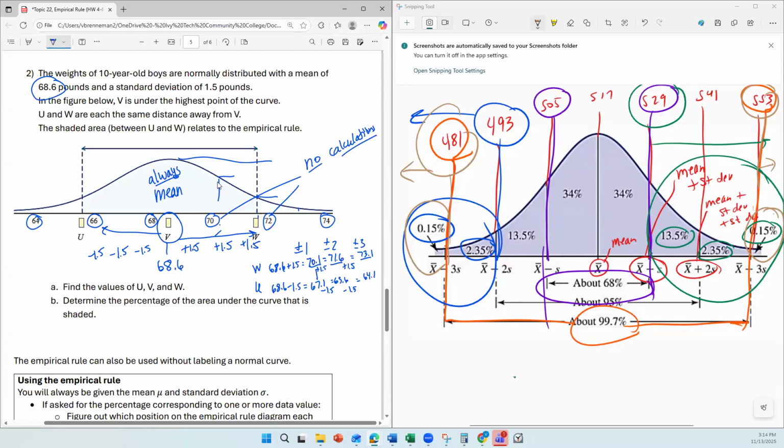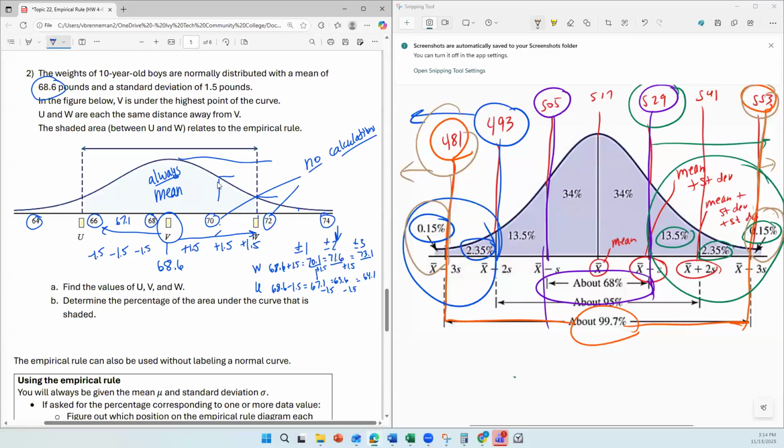So I look at my numbers. 70.1 is between 70 and 72, but 71.6 is also, so it's probably the 71.6. And I can double check. So 67.1 would be here, somewhere in here.